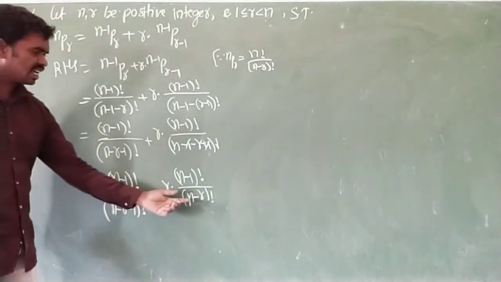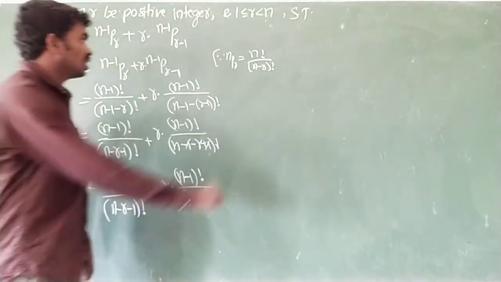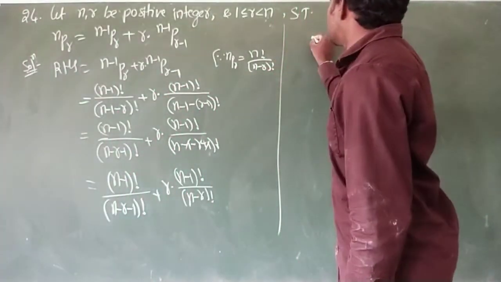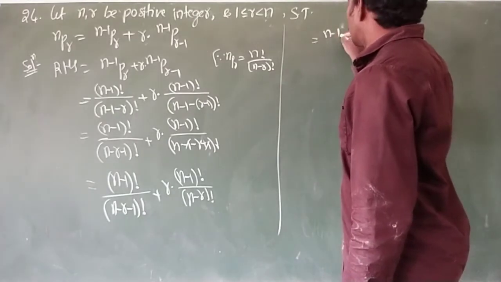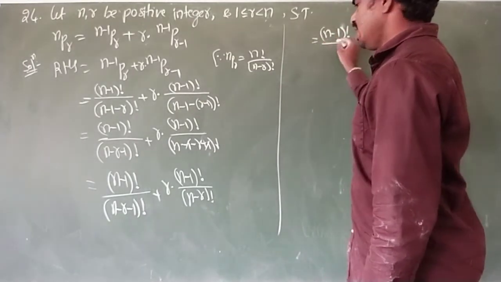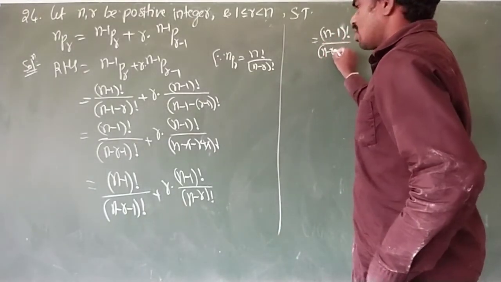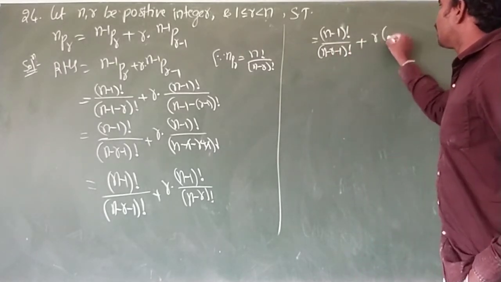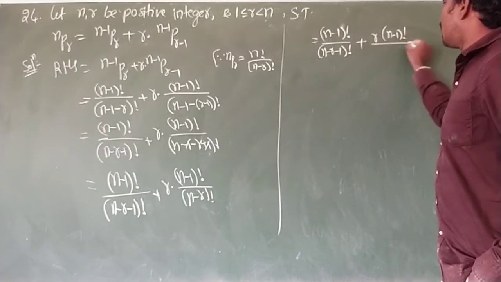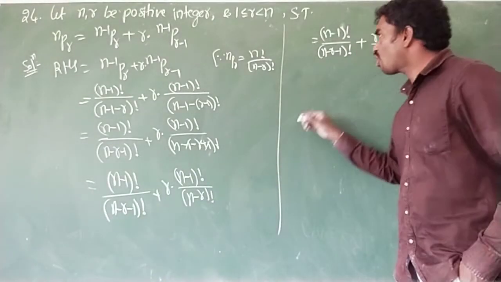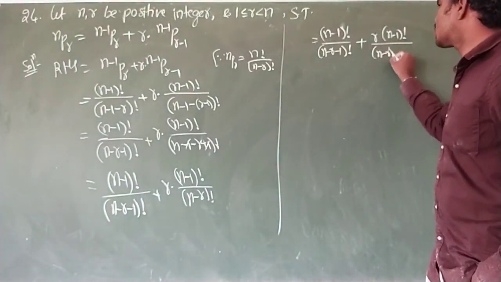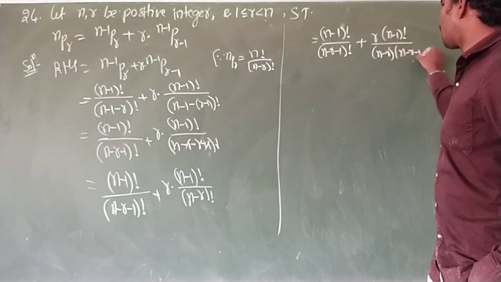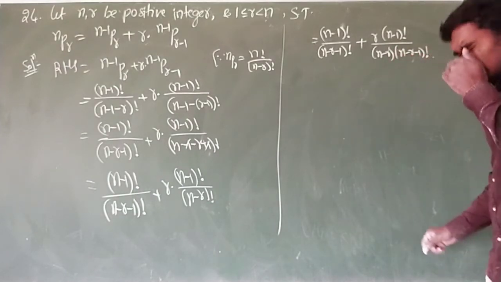Now we can expand this n minus r factorial: (n minus 1) factorial by (n minus r minus 1) factorial plus r into (n minus 1) factorial by, see, n minus r factorial can be written as (n minus r) into (n minus r minus 1) factorial.